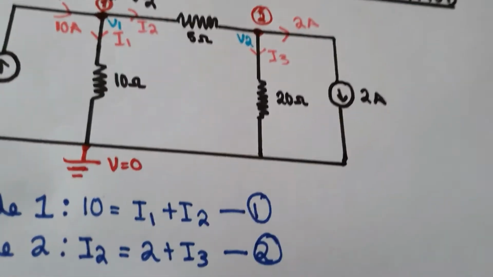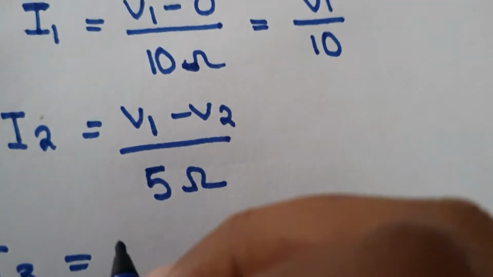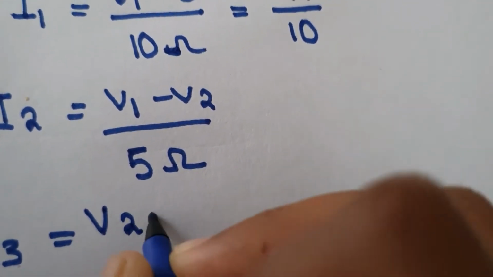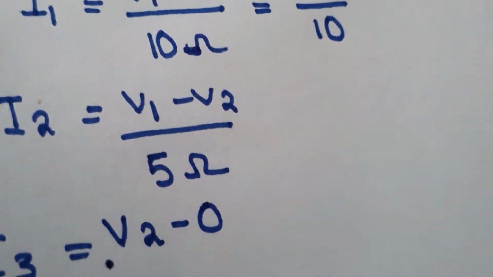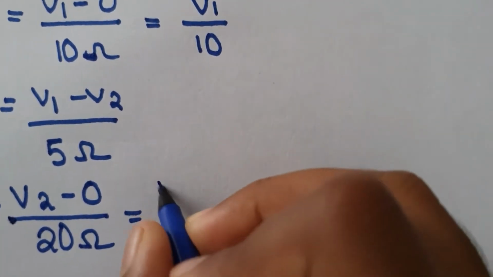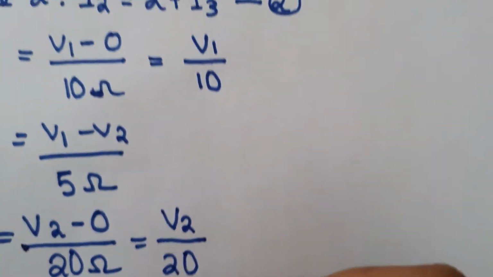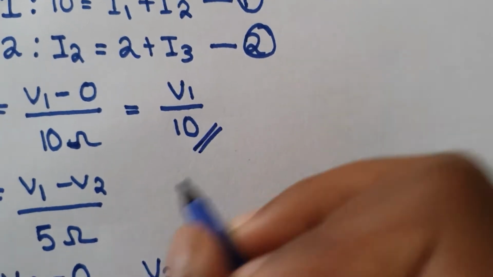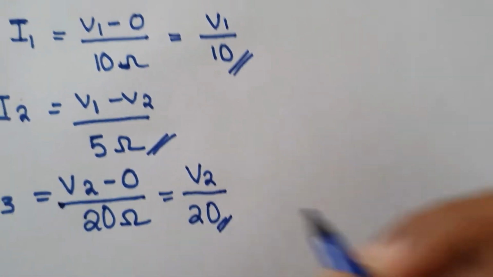So it'll be V2 minus 0, and the resistance there is 20. So that will be equal to V2 by 20. So this is our I1, I2, and I3.